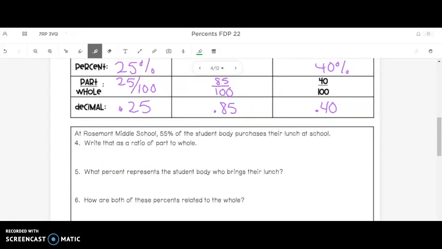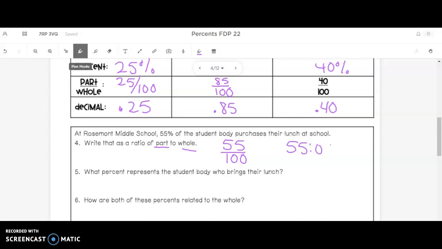Down here, number 4. At Rosemont Middle School, 55% of the student body purchases their lunch at school. Write that as a ratio of part to whole. Oh, I still have the highlighter on. Okay, well, 55% means 55 out of 100, and I could write my ratio like a fraction, or I could write it like this.